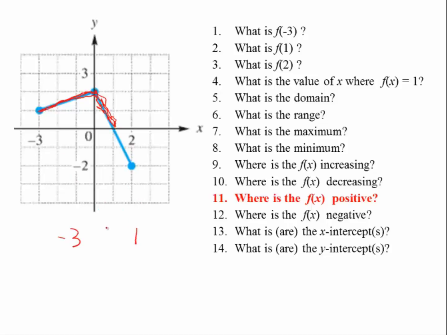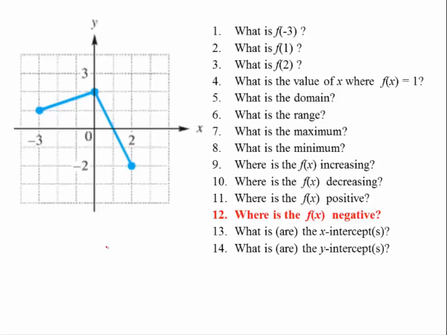Now we can say x can equal negative 3 because that's going to be a positive number, it's 1. But when we get here, this is 0, and 0 is neither positive nor negative. So this is just a not-equal-to sign. In set notation, we would write bracket negative 3 comma 1 open parenthesis.